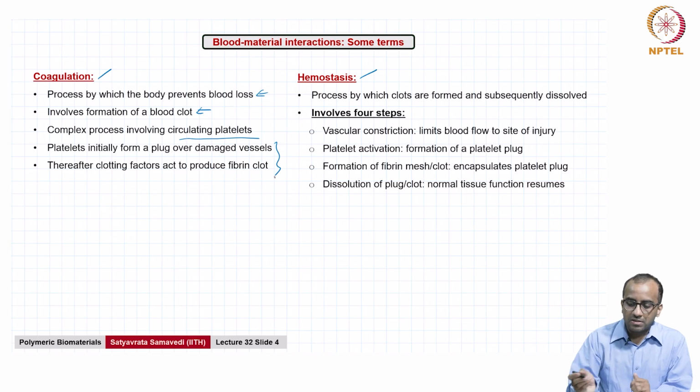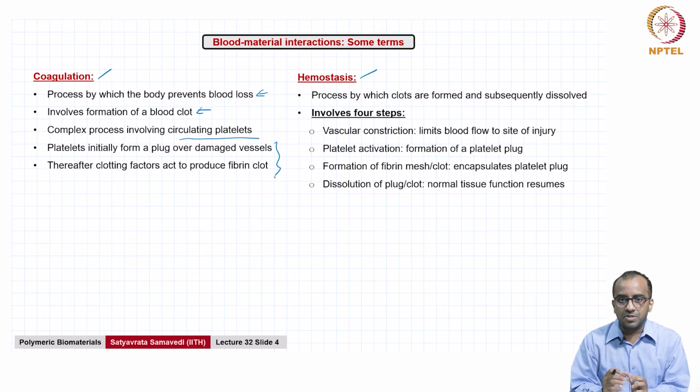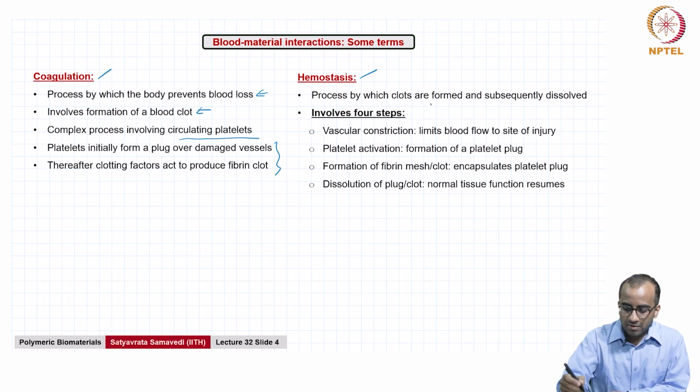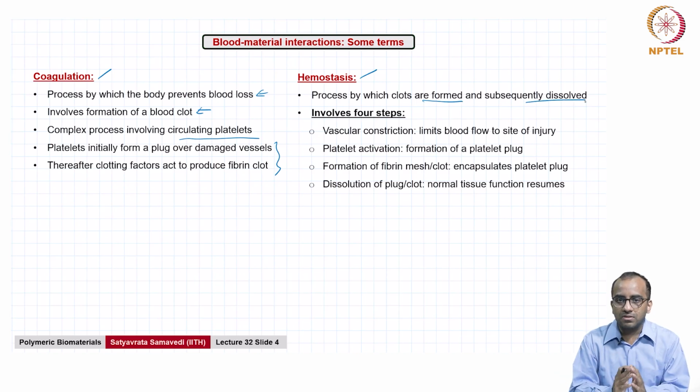So, essentially this describes a series of coordinated steps which work together to first form the clot in response to an injury and then subsequently dissolve the clot once the wound healing has occurred. So, it largely involves 4 steps.